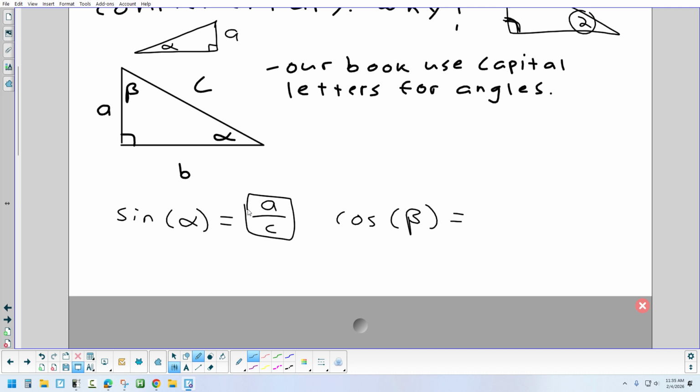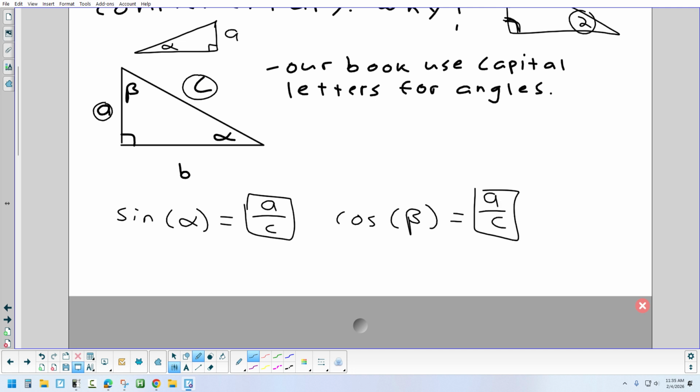So that's, hold on, I have to look. Does it include B and C? Or am I lying? Partially. Okay, so there's a C. Okay, so there's a B. Okay, there's a C. Would it be A over C again? That would be A over C. This is adjacent. That's hypotenuse.